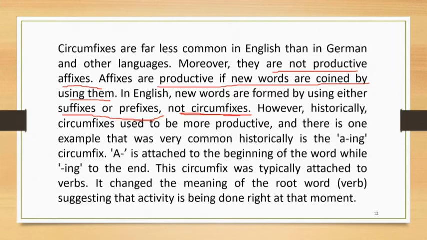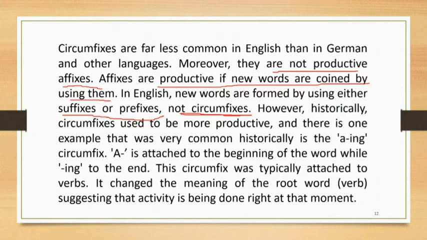However, historically, circumfixes used to be more productive, and there is one example that was very common historically, the a- and -ing. A was used as a prefix in the beginning, and ing, you know, is still used at the end, as a suffix.